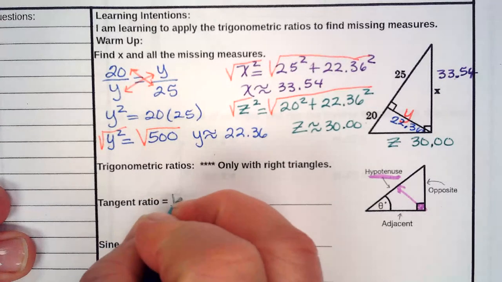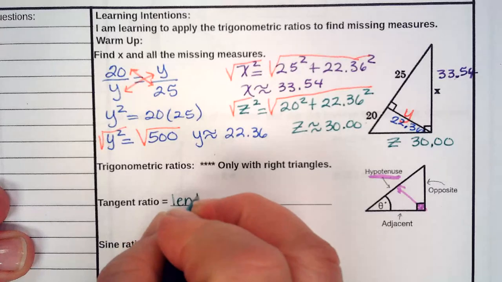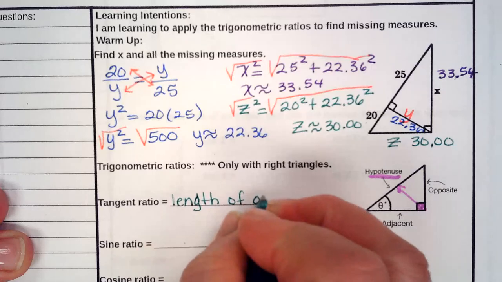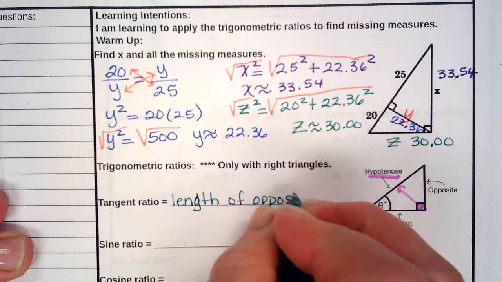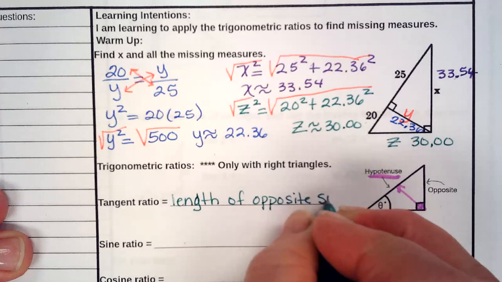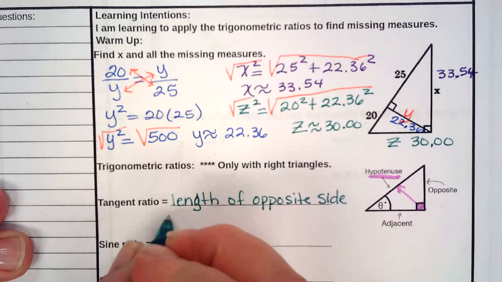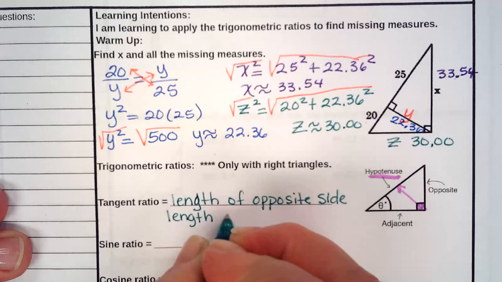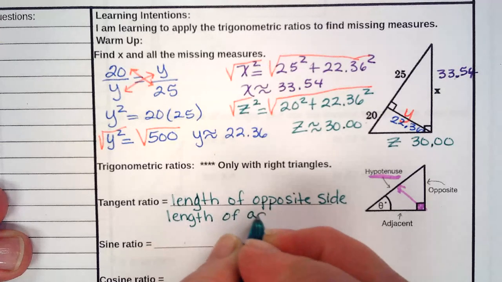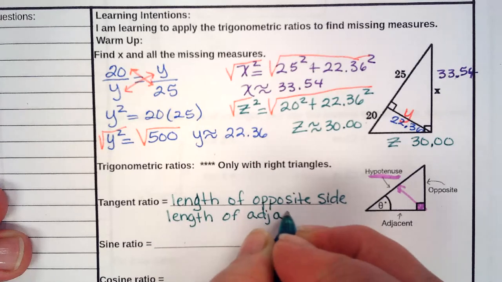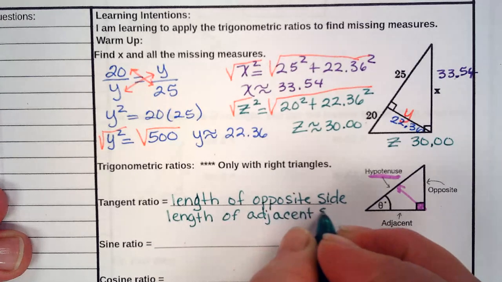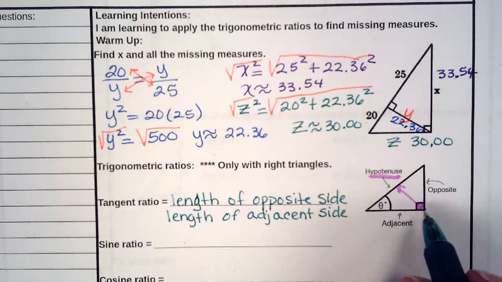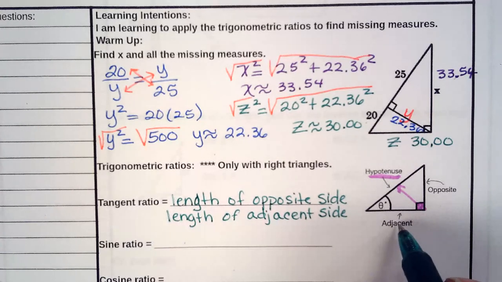It is the length of the opposite side over the length of the adjacent side. So we shorten it down. Tangent, tan, is opposite over adjacent.